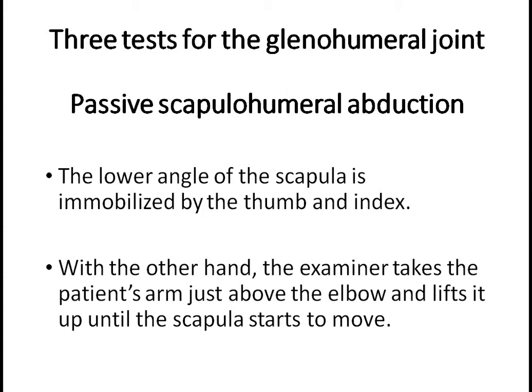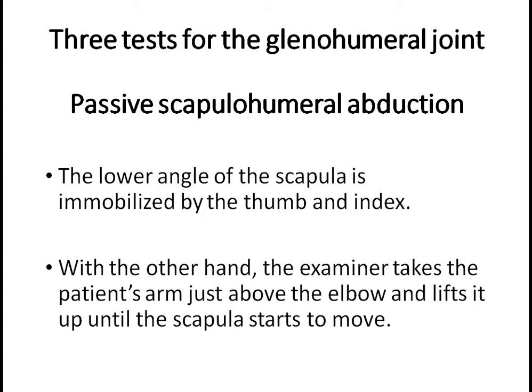In the passive scapulohumeral abduction, the lower angle of the scapula is immobilized by the examiner with the thumb and index finger. With the other hand, the examiner takes the patient's arm just above the elbow and lifts it up until the scapula starts to move.